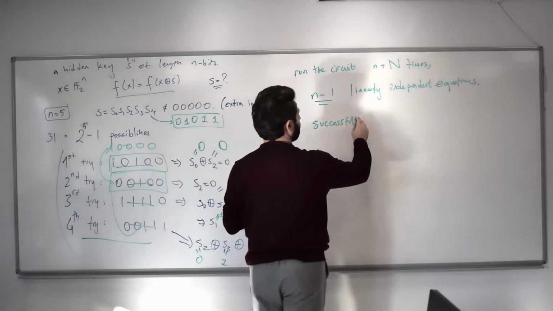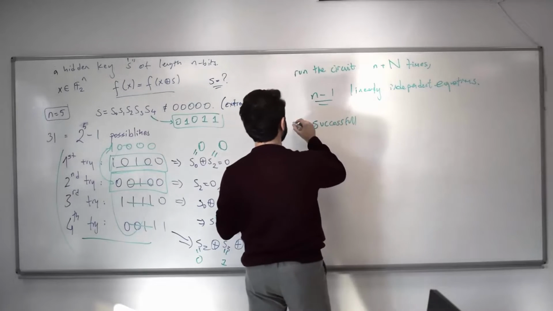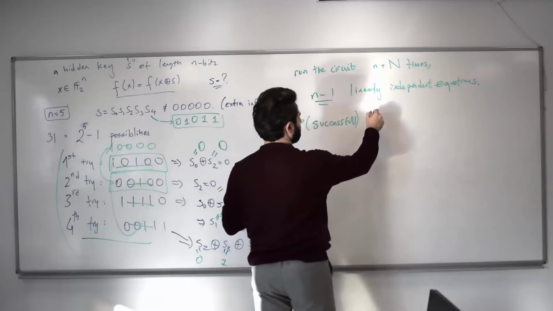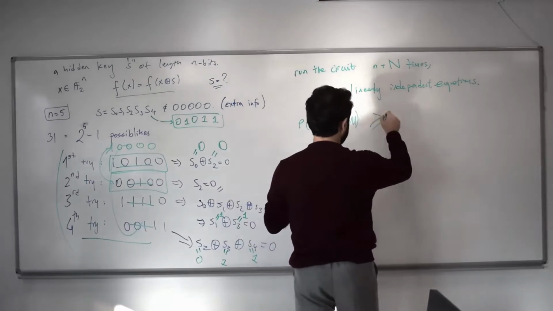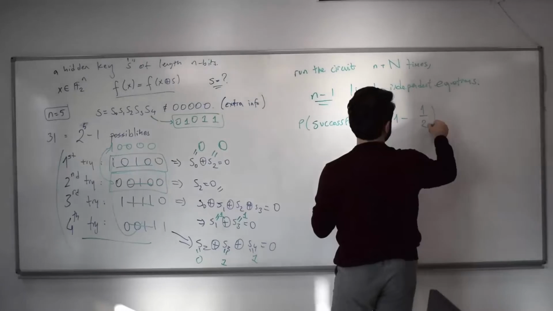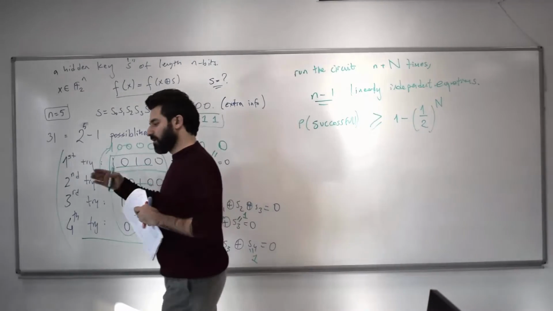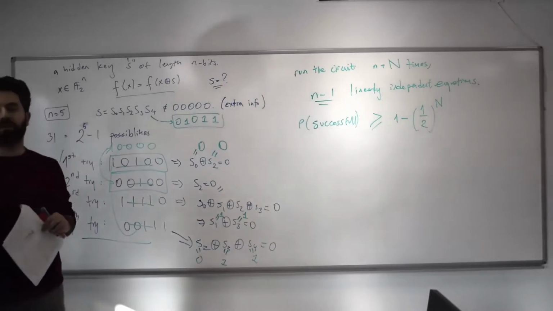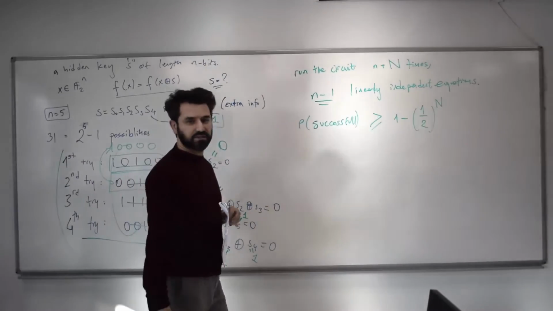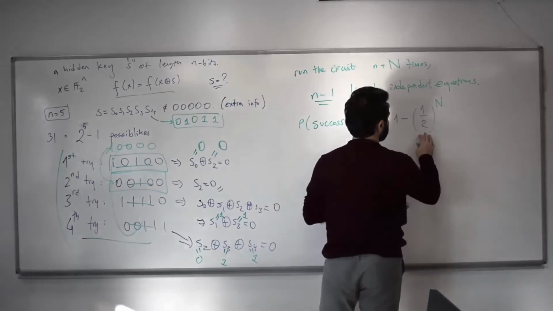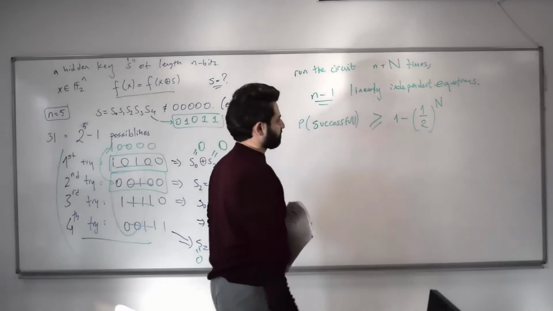Okay, successful. That's a probability of success. Okay, is greater than or equal to 1 minus 1 over 2 raised to the power capital N. Okay, that's the extra number of queries that you're making to this circuit.